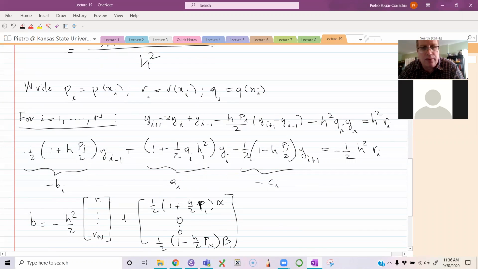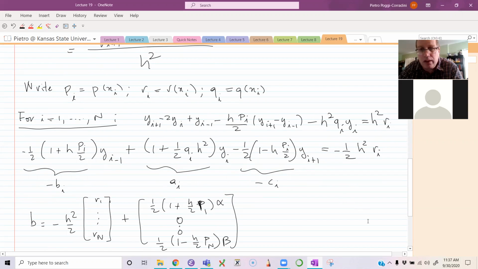Here, yi minus 1, yi, and yi plus 1 are the unknowns. Everything else is given to me by the problem and my choice. h is given by n, so h is really small. And we call these coefficients bi, these ai, and those ci.